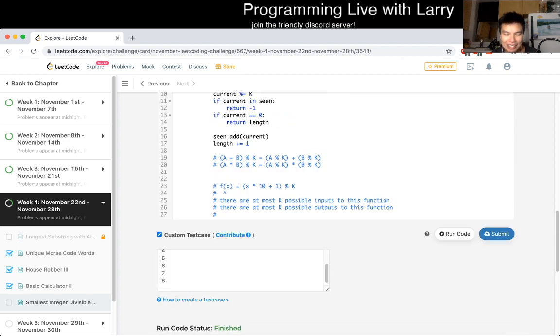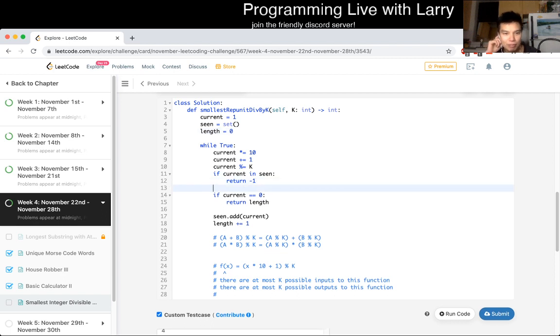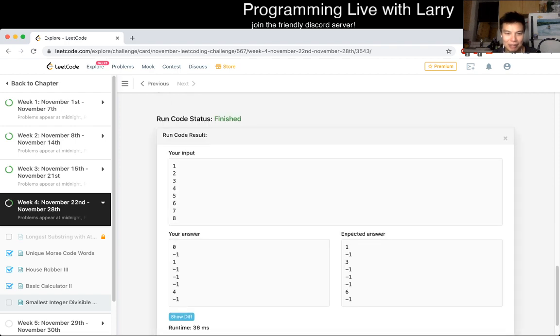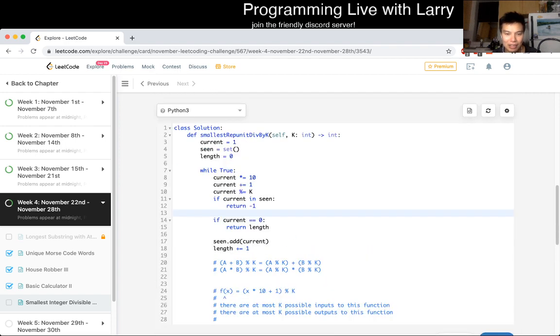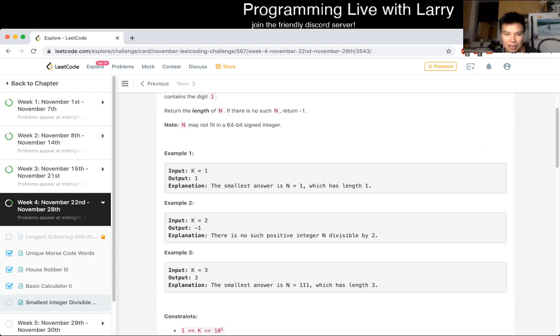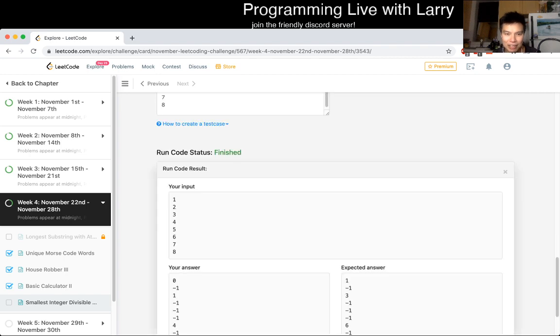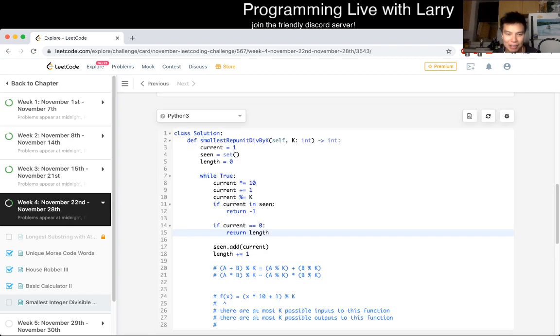That can't be right? I mean, I'm off by 1 because this is already 1, so this should return 0. Oh no, they call it 1? Okay, fine. So maybe you start at 1.